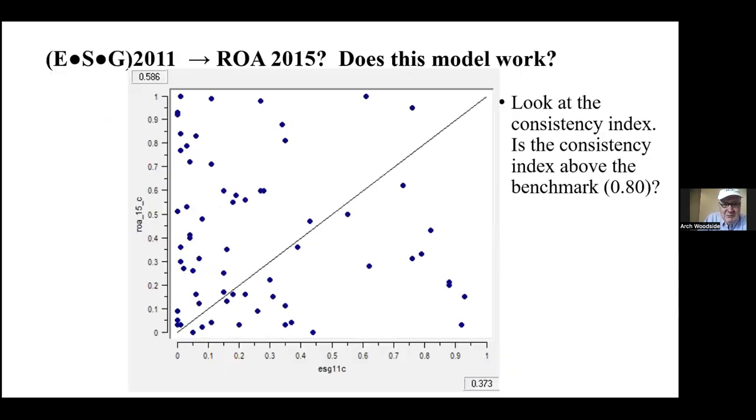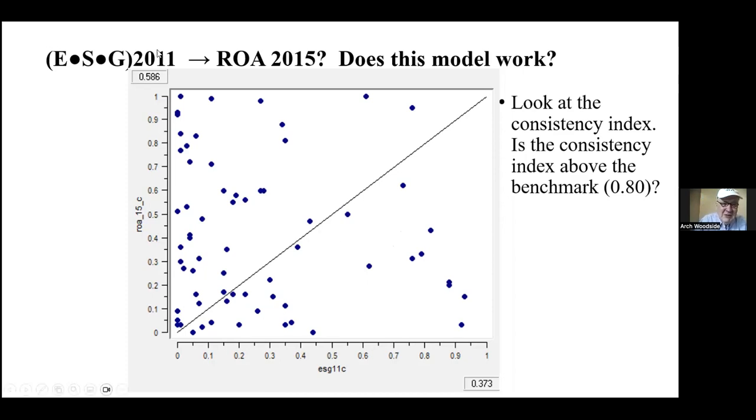And so here are the actual findings of ESG 11 and ROA 15. If you look at the bottom on the x-axis, you've got ESG 11, and this is what's been promoted, that if you do well in your overall social performance, it's going to come back to you in terms of high financial performance.